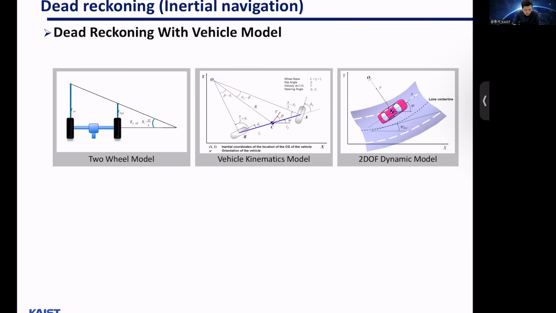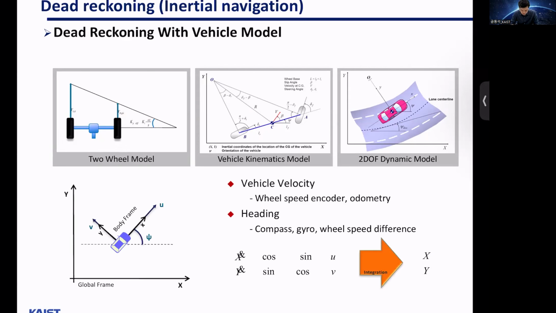And then we can also use a model to compute the position better. For instance, let's say we have vehicle velocity from the wheel speed encoder and odometry, and then we also have gyro and angular speed information.